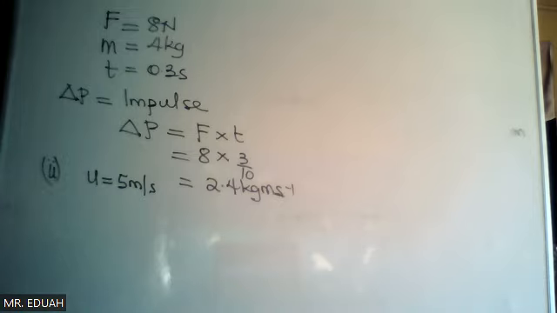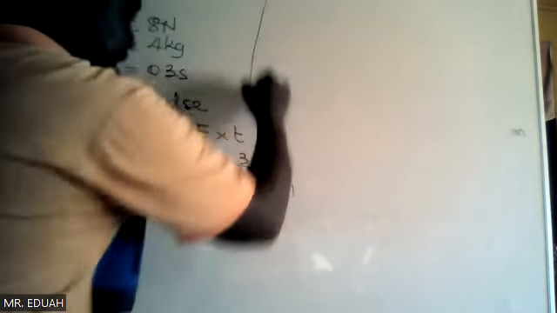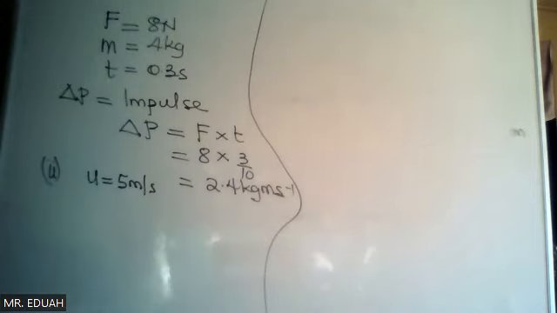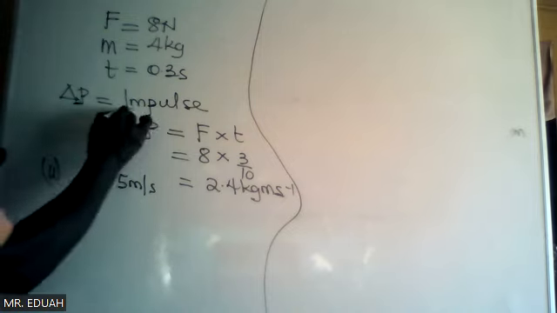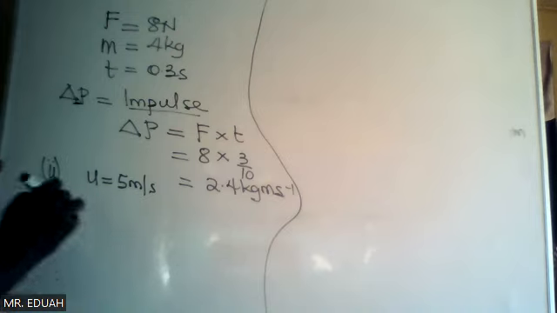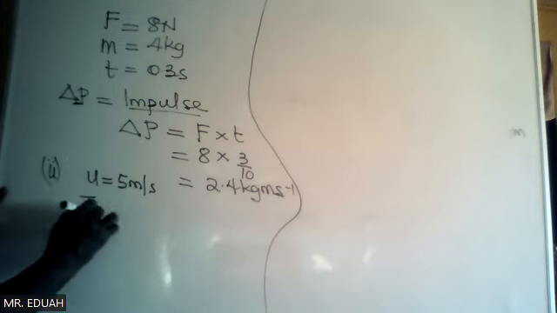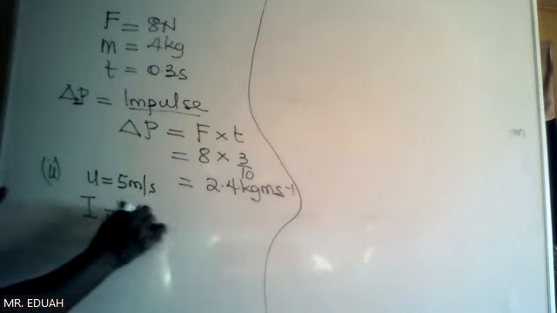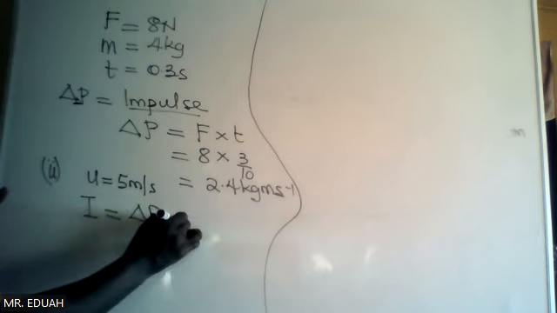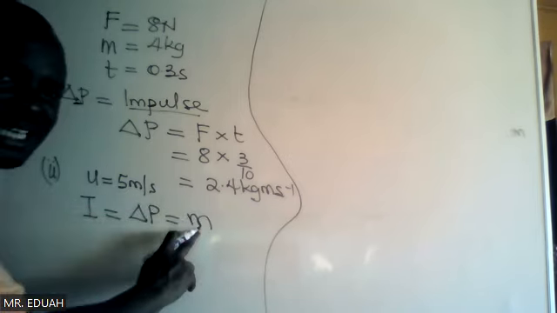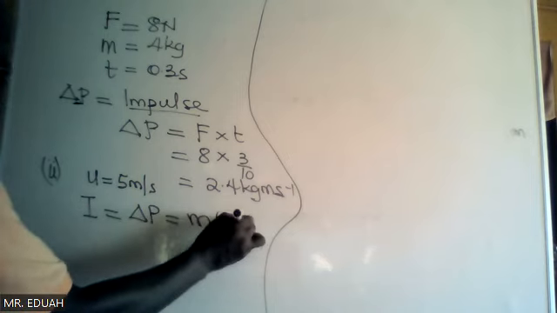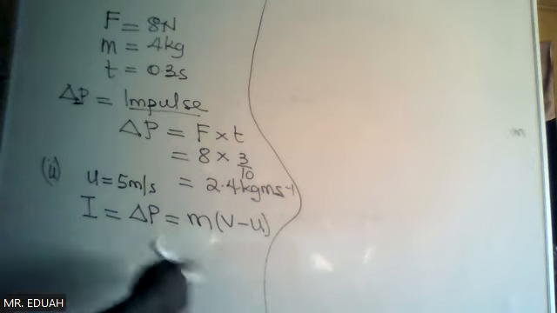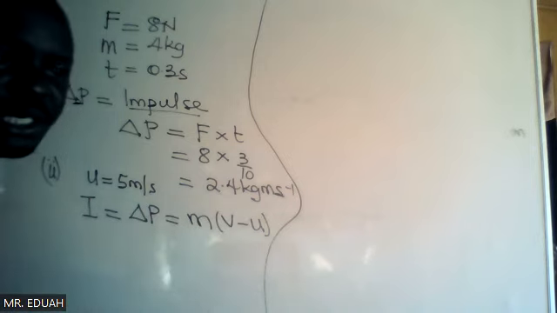Let me take over. Don't forget, he said change in momentum is equal to the impulse. So I is equal to delta P. And what is delta P? The mass is the same, so it is constant, times V minus U. There will be a changing momentum because the velocity of the body is changing.